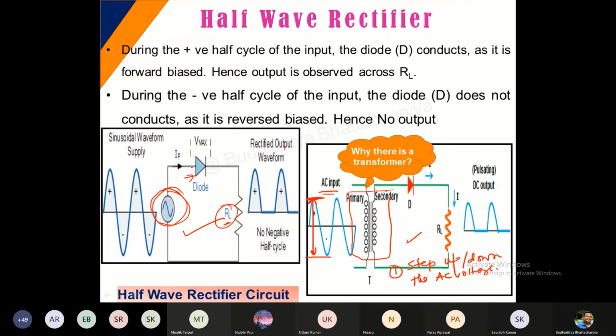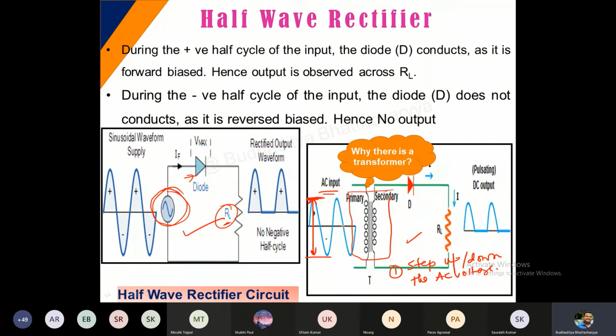All right, so to avoid that, I add a transformer in between. The basic role of a transformer, see the term transformer, is that it transforms one form to another. So what does it do? Suppose there is a huge AC voltage, a sudden high spike that has come in because of some fault in the AC generation.